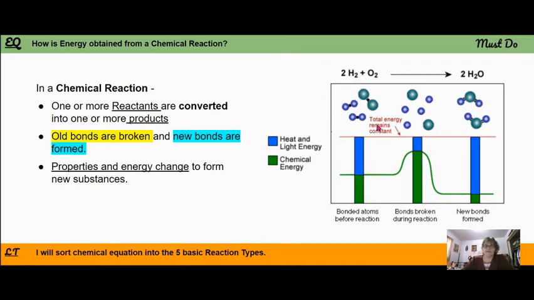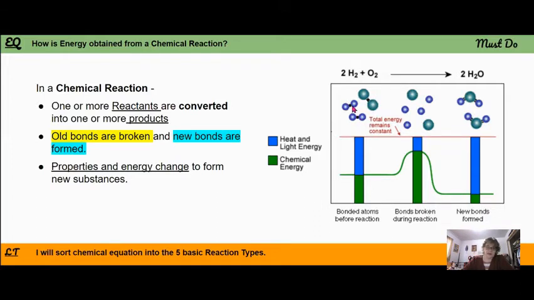If this is our reaction, we're going to take two hydrogen atoms plus one oxygen atom and create two water molecules. There are bonds between these elements, because they're diatomic.